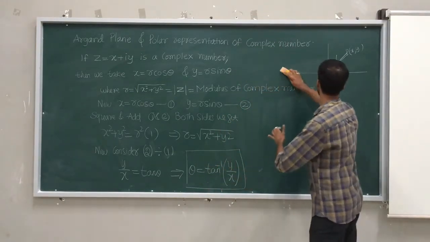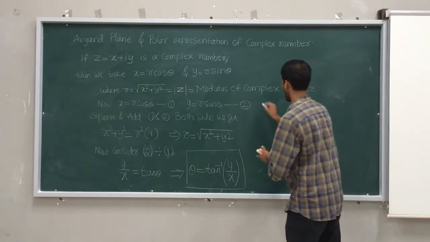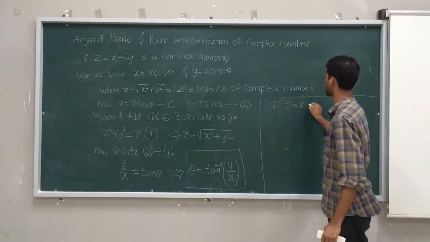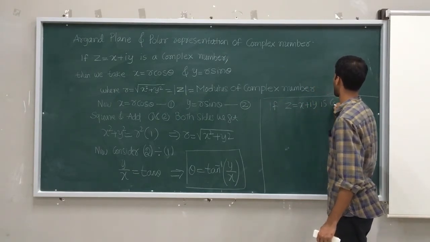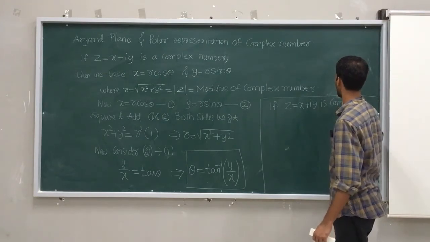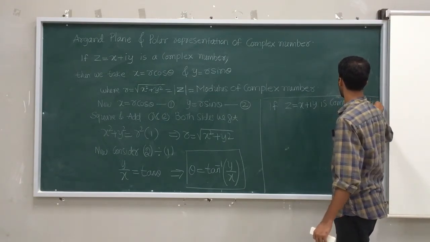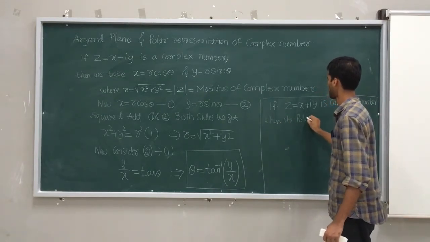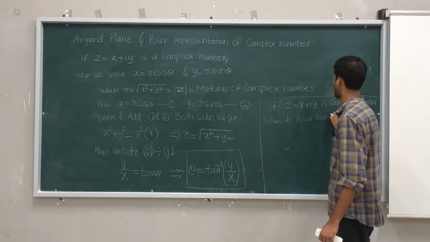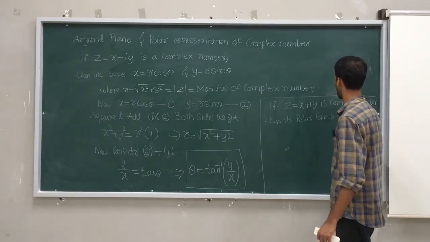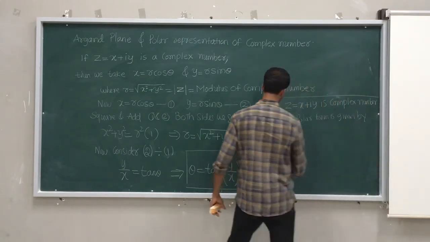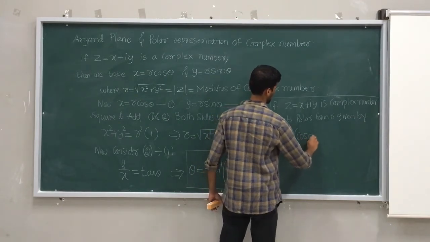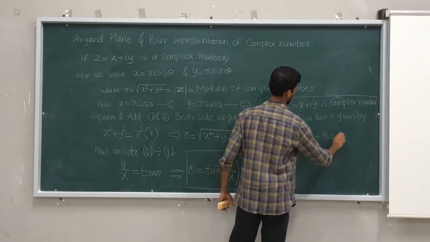Lastly, I want to tell you one very important note. If z equals x plus iy is a complex number, then its polar form is given by z equals r times cos theta plus i sin theta.